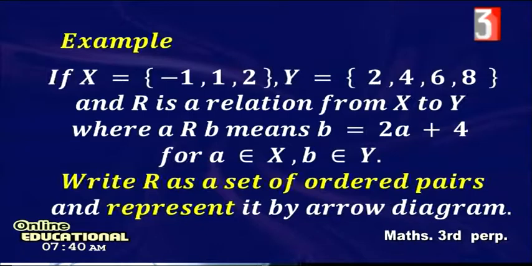Wait for a while, you are going to notice that a R b means b equals 2a plus 4, for a belongs to X and b belongs to Y. It means that a is one of the elements of X and b is one of the elements of Y. Write R as a set of ordered pairs and represent it by arrow diagram.